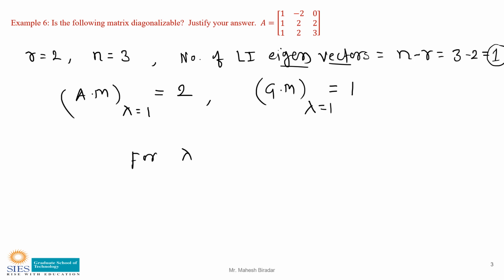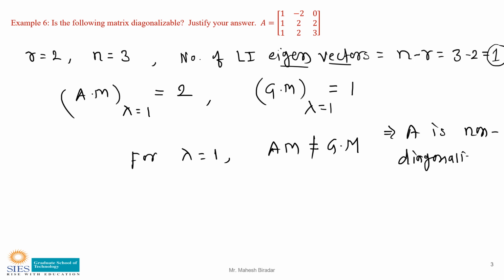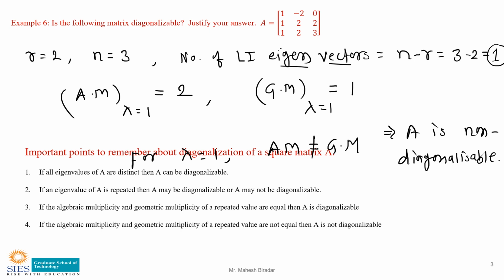So for lambda equal to 1, AM is not equal to GM. Therefore, by theorem, we can say that A is non-diagonalizable. Again, I'm going to revise here. The matrix A is non-diagonalizable.